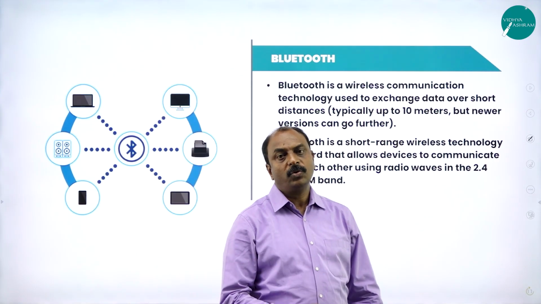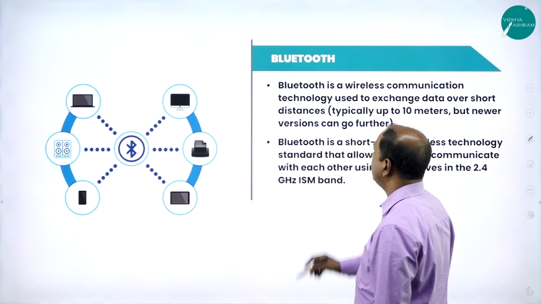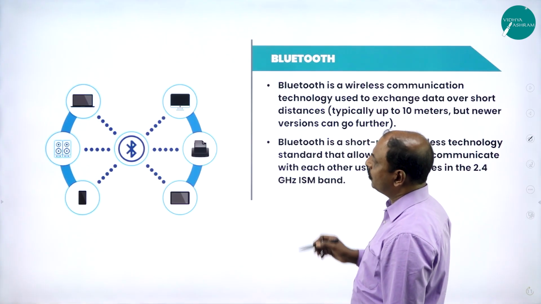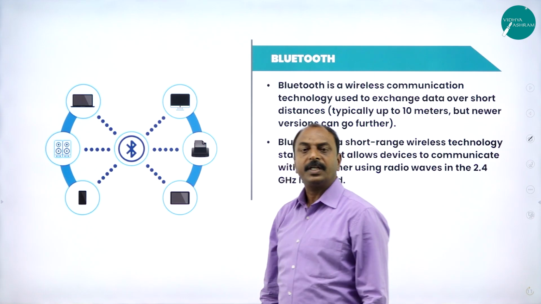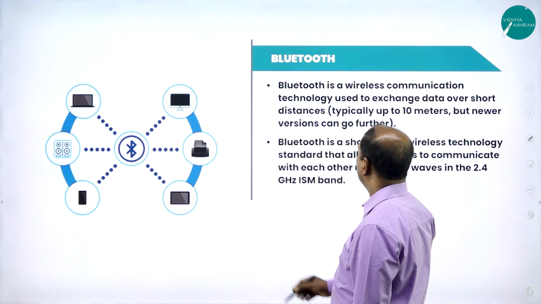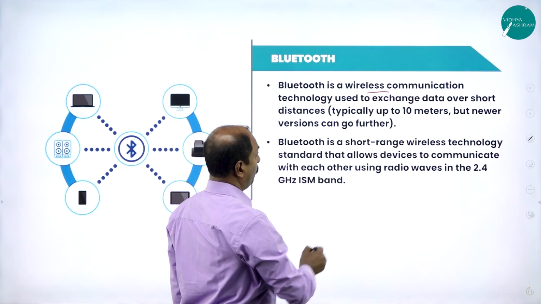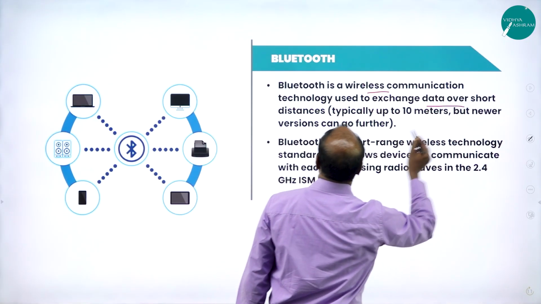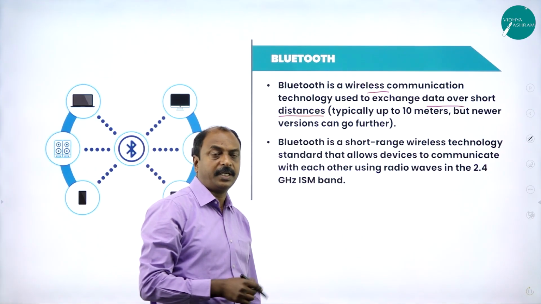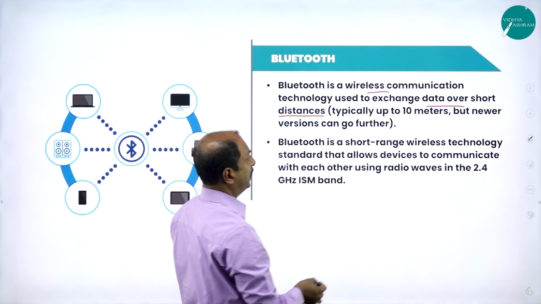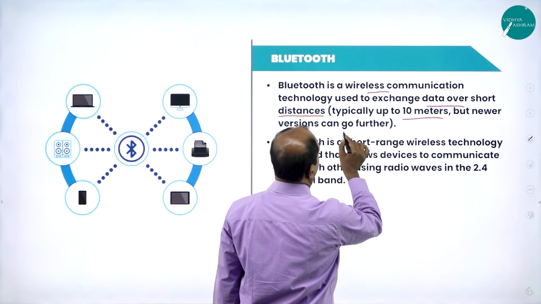Next, we move on to one more technology, that is Bluetooth technology. Nowadays, we are familiar with this technology, and we are using Bluetooth for different applications or to connect different types of devices. So what is Bluetooth? Bluetooth is a wireless communication used to exchange data over short distance. So this is again for short distance data communication. In terms of distance, maybe around 10 meters, but newer versions can go further.